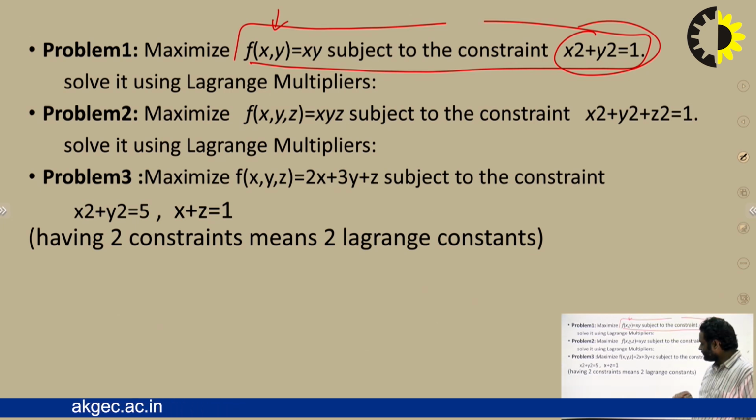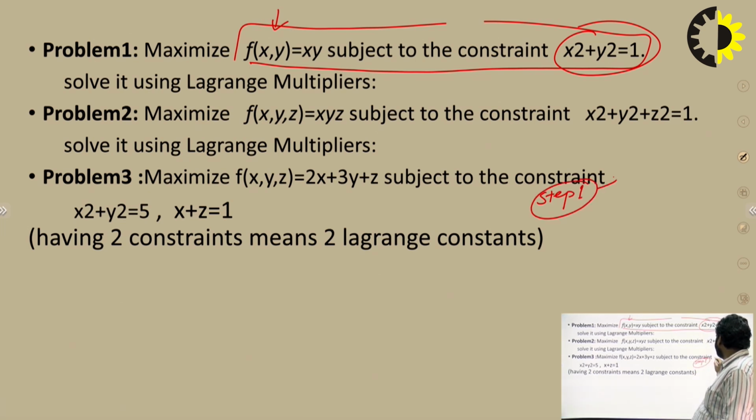So as step 1, we need to find the number of variables of the given function. So clearly we can see here we have two variables, x and y. So two variables is there. This is our first step. Now we need to find the number of constraints.